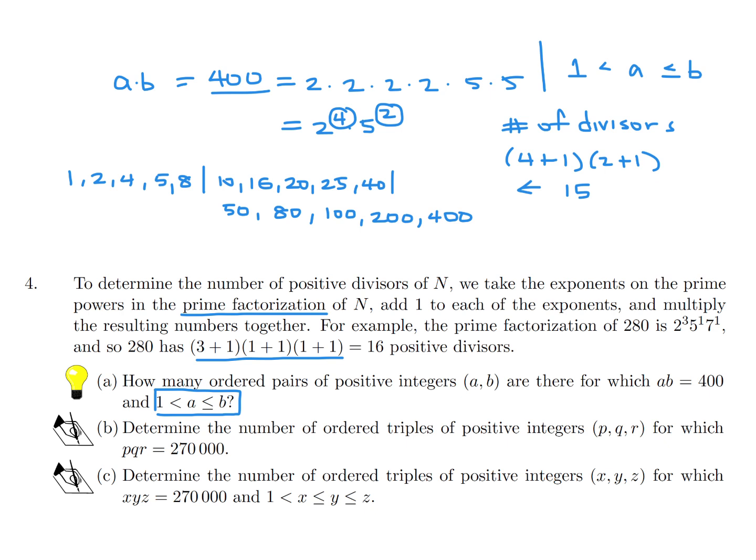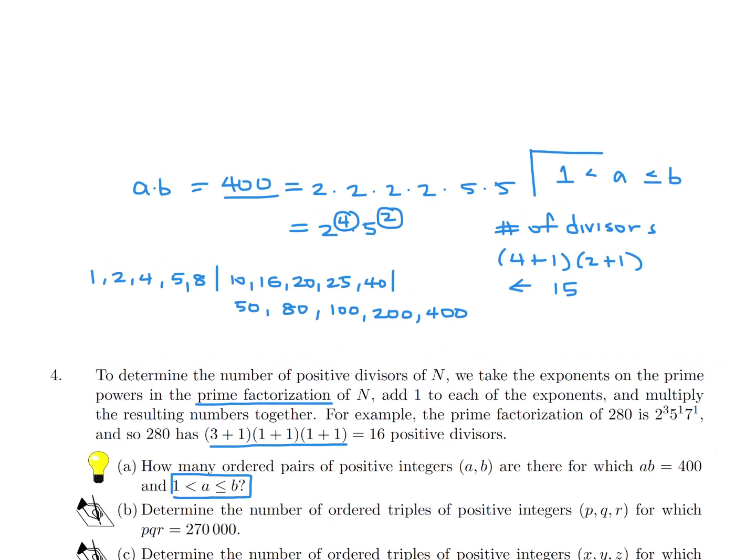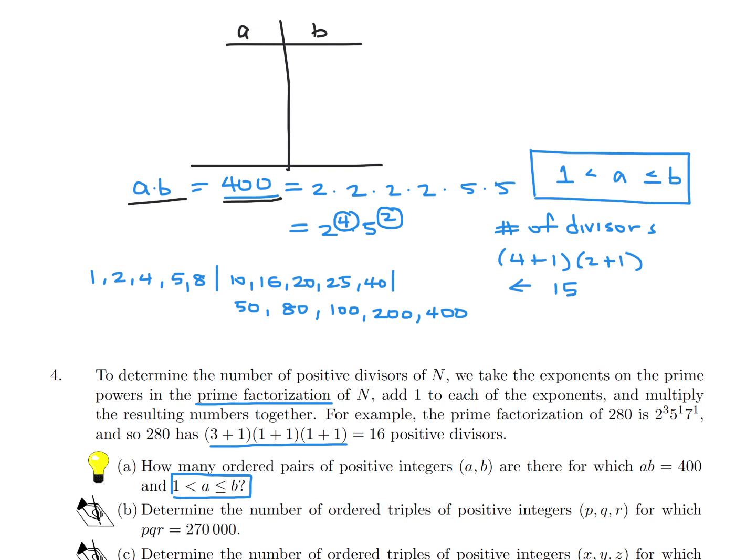In order to satisfy that inequality, we've got to figure out how to get A times B to equal 400 and keep this condition. And these divisors will help us.